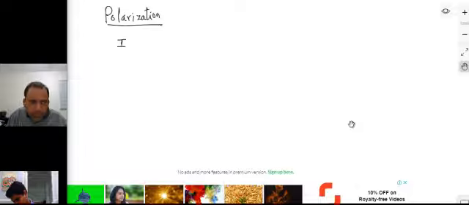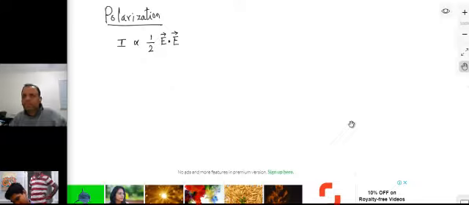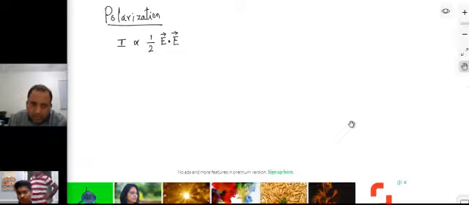That's proportional to, it's actually half of, the electric field square. So it's electric field dotted with electric field.